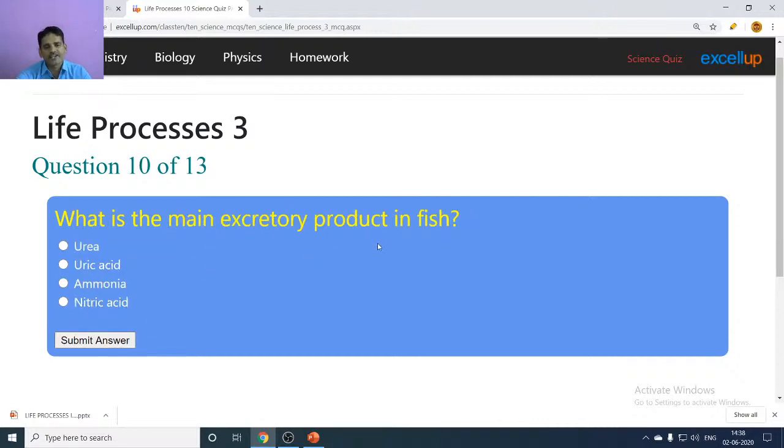What is the main excretory product in fish? Fishes are ammonotelic animals, so ammonia. What is the main excretory product in birds? Birds are uricotelic animals. Then what do they excrete? Uric acid.